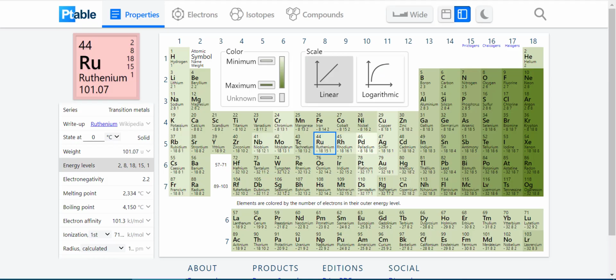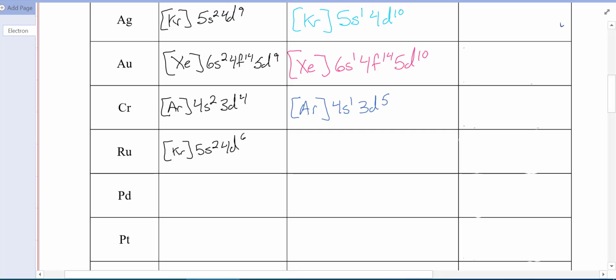And if we count, 1, 2, 3, 4, 5, 6. Well, what's happening here? Because I could take one, d7, d8, but I don't understand. Well, let's go to the side here. Look at our d orbitals.